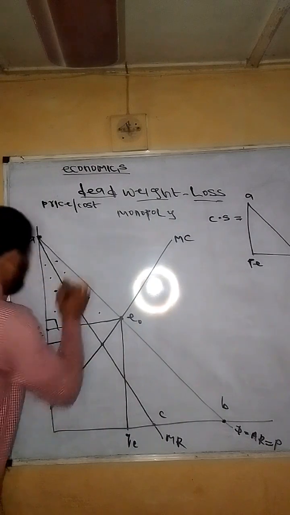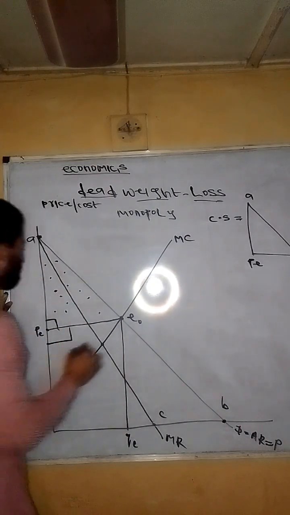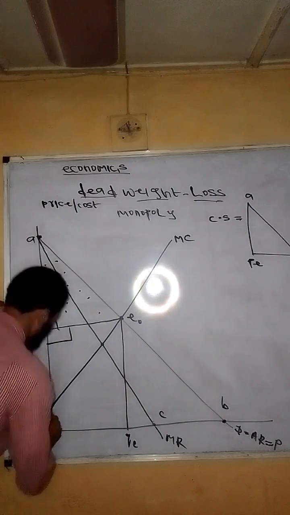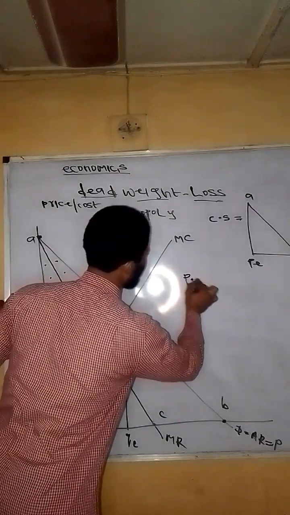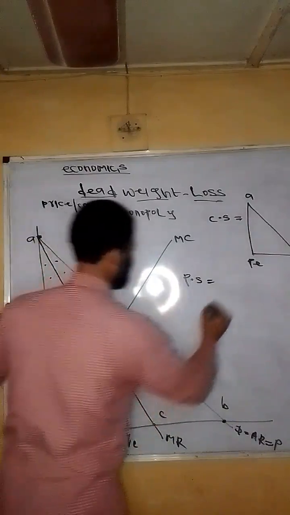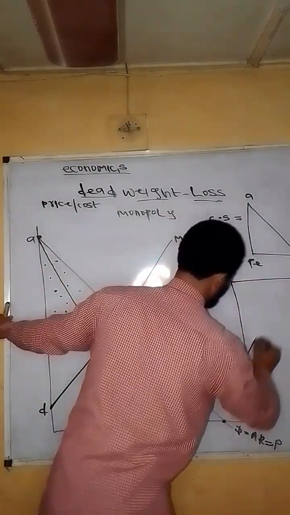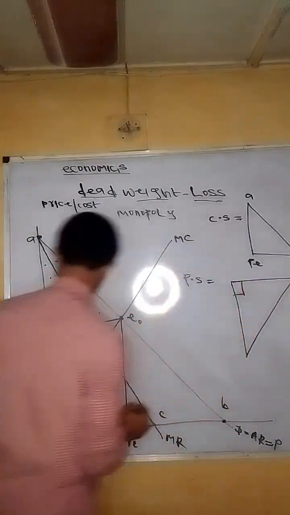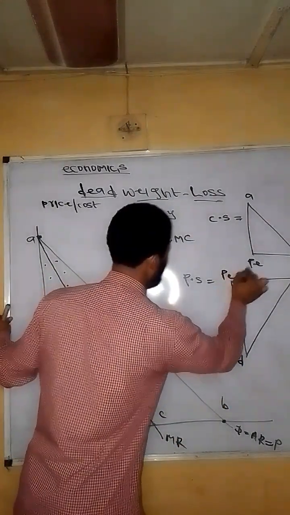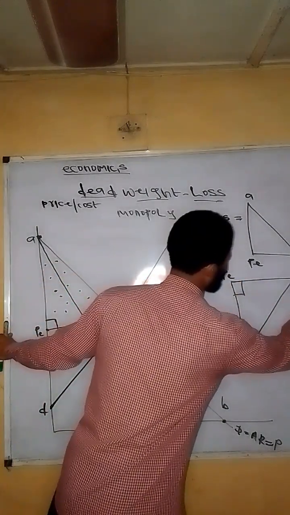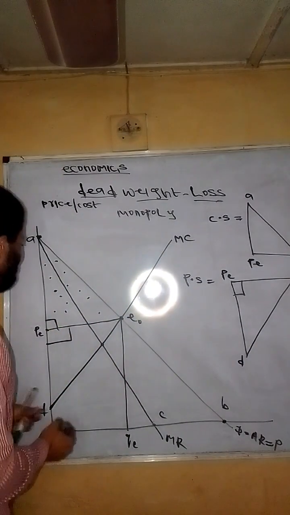The resulting producer surplus is this triangle. Let us call here point D, here PE, and here E naught. So my viewers can see what I'm doing here.